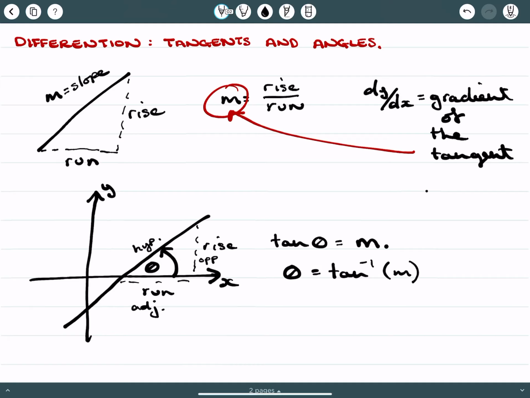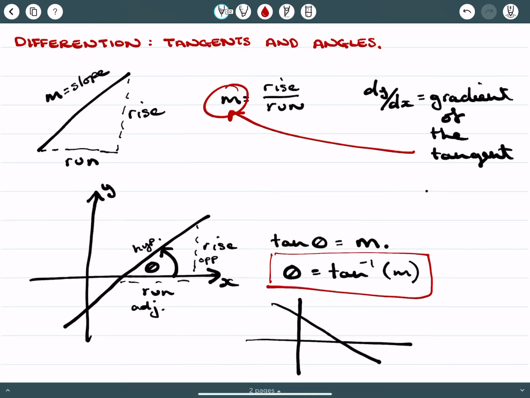Now, there is one aspect of this that we need to consider, and that's when we're dealing with negative gradients, so gradients that look like so. We still have this formula, theta equals the inverse tangent of m, but what we would find with our negative gradient is that theta will generally be expressed as a negative angle, let's say negative 60 degrees.